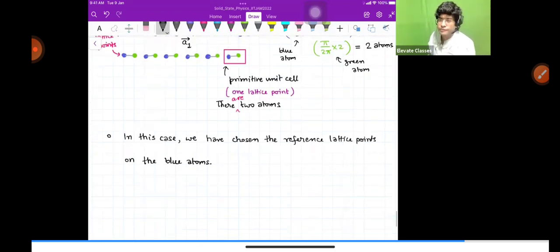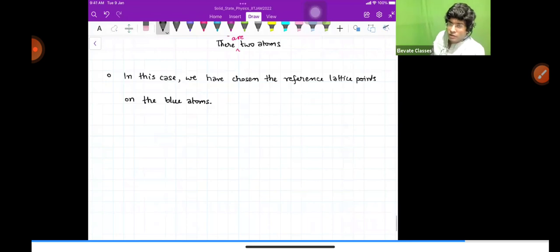All right. Now, in this case, how do we write the basis? So basis is written like this. When I say you write the basis, you write the basis like this. Okay. So the blue atom is a reference point.